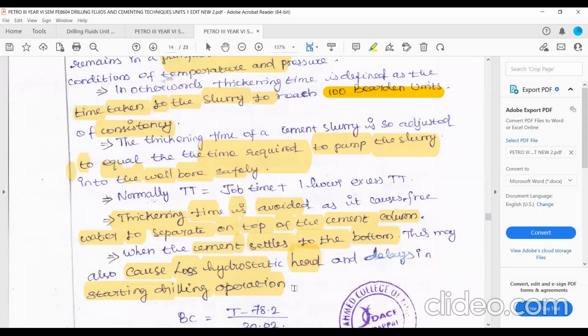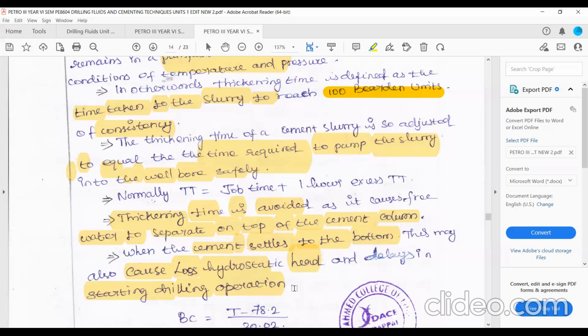Here, confusion could pop in because we define what the thickening time is, and we also say that it could be avoided. Why? What is the condition when we say it can be avoided? Because it causes free water. Once the thickening starts, it causes free water to separate on top of the column. We don't want the free water to separate, because if the cement separates into free water and cement separately, that means it is not in a pumpable state at all.